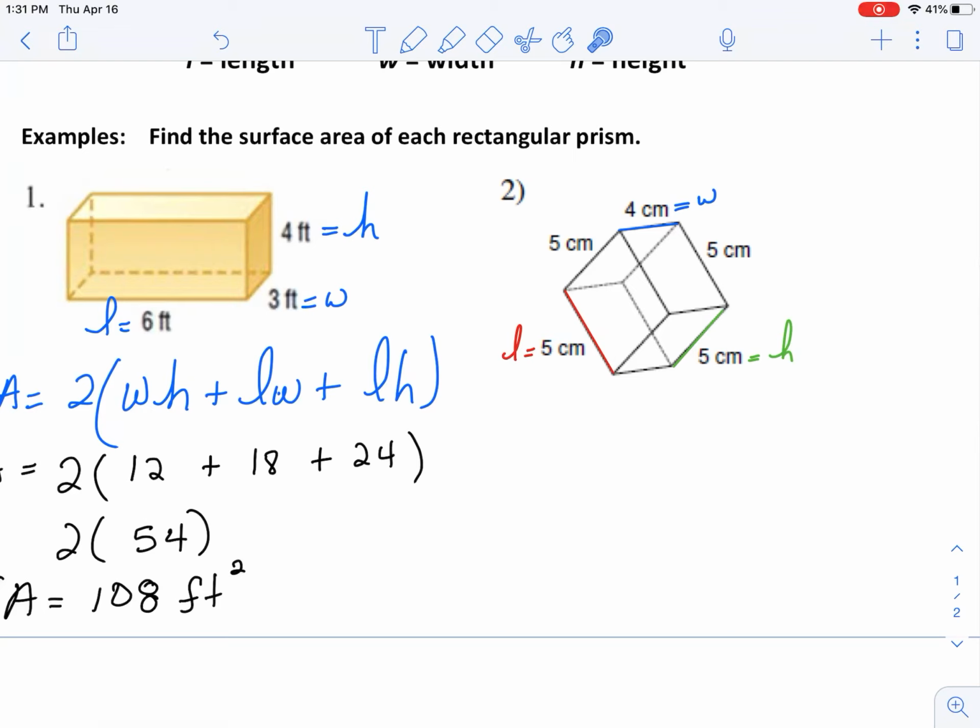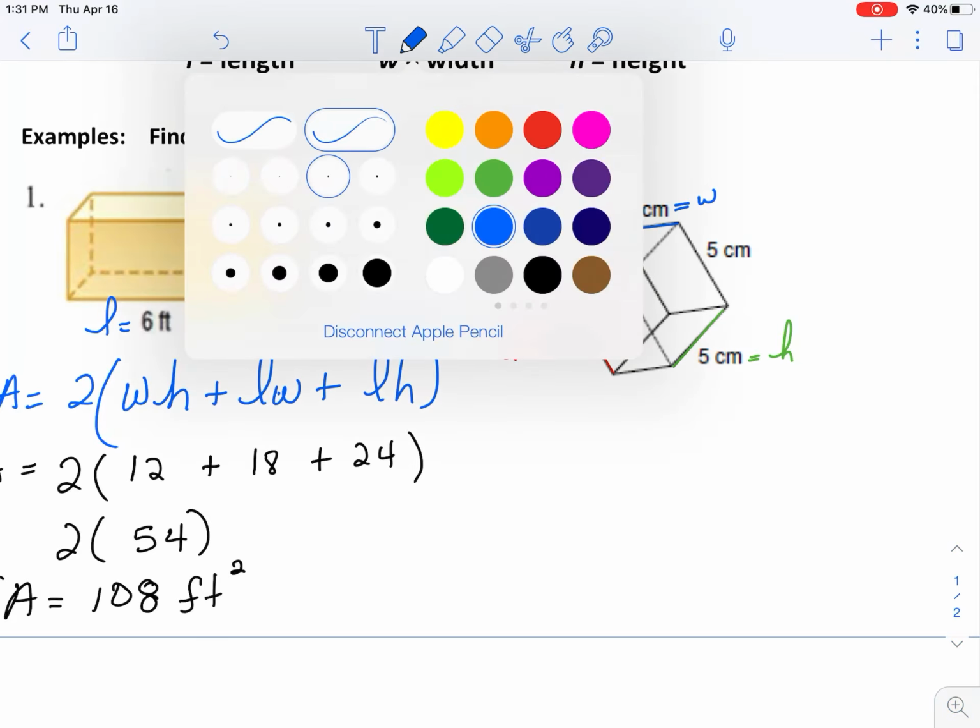All right, so in this case, notice that the length and the height are the same. Okay, so this is your length, and I marked it up over here, but this is also 5. And then the width is going to be your 4. So this is your 4. So now I'm going to go ahead and plug into the formula.